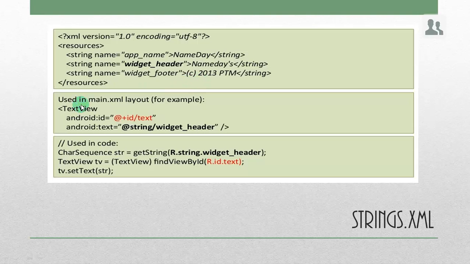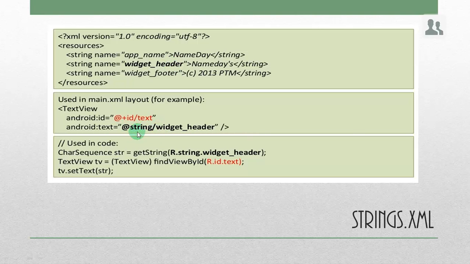Then the layout that has been used in the main.xml file, how this particular text will be used in the main.xml file. If you have one TextView in your XML file, then you can use this particular string as a resource here, like @string/widget_header.